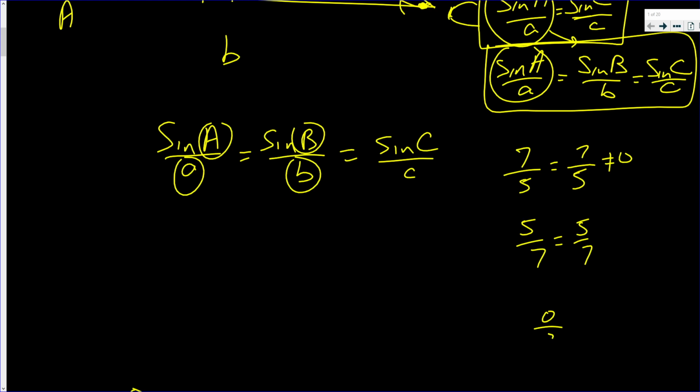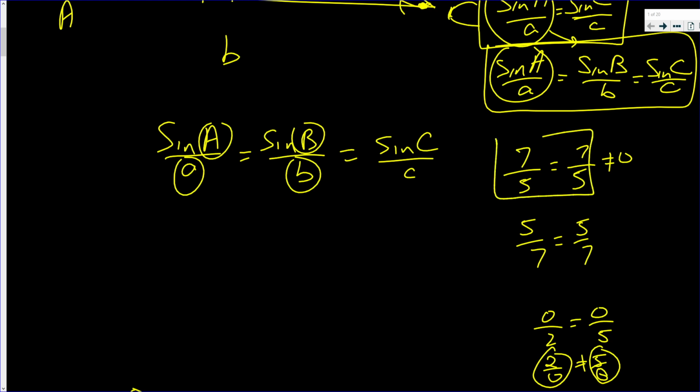If you have 0 over 2, that equals 0 over 5 for the record. But 2 over 0 does not equal 5 over 0. Nonsense does not equal nonsense. But other than 0, if two fractions are equal, then their reciprocals are equal.